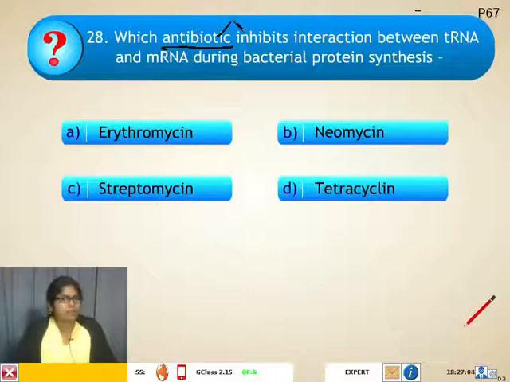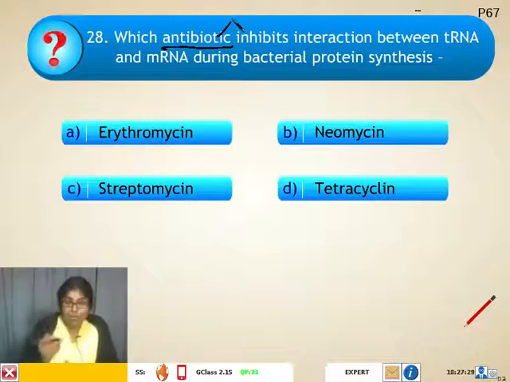Sure, you would have come across this term when someone is suffering from a cough or some fever. The doctor will prescribe some antibiotics, correct? So what is an antibiotic, students? Very good. These are the substances that destroy or inhibit the growth of microorganisms, especially bacteria.